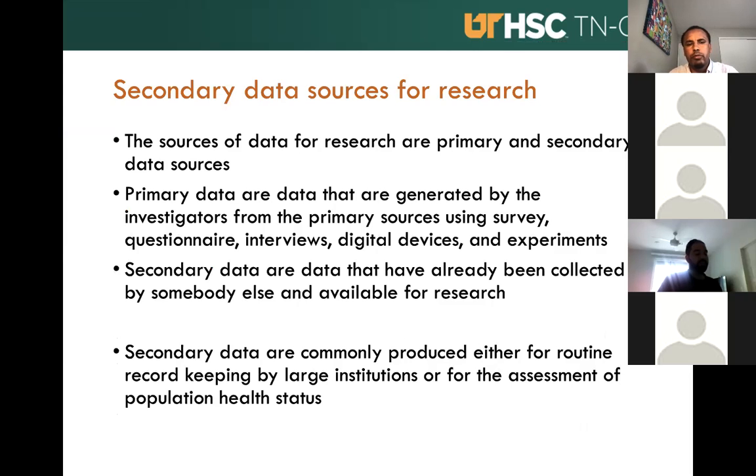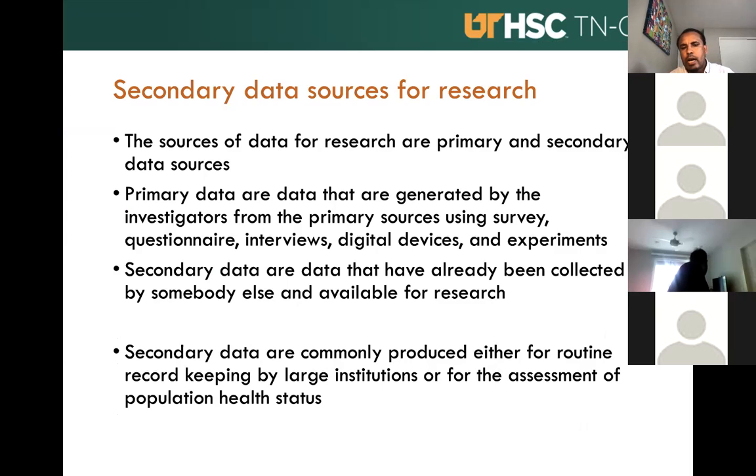So the sources of data for research are primary and secondary. The primary data are data that are generated by the primary investigators from primary sources using surveys, questionnaires, interviews, digital devices, and experiments.